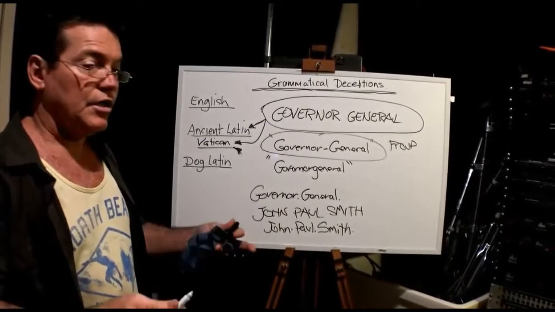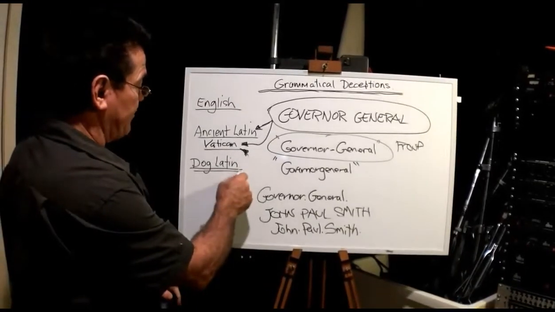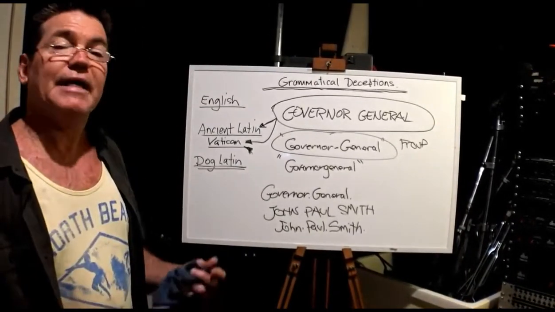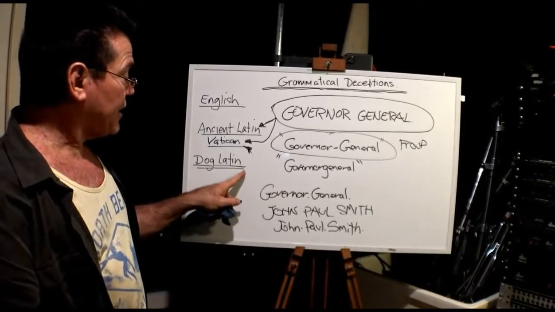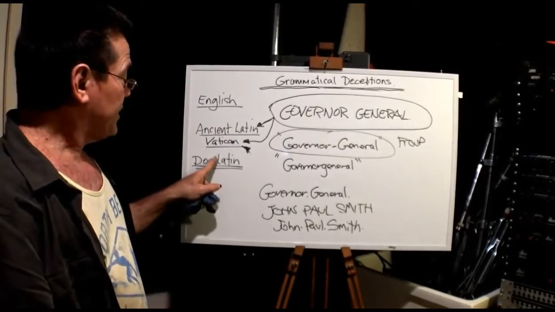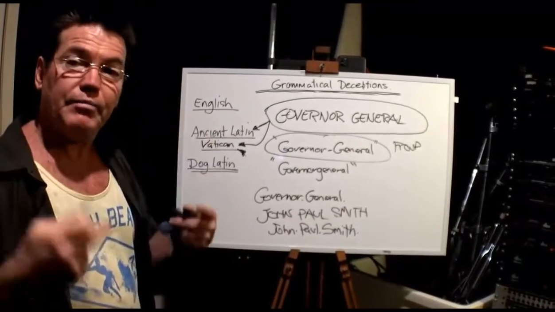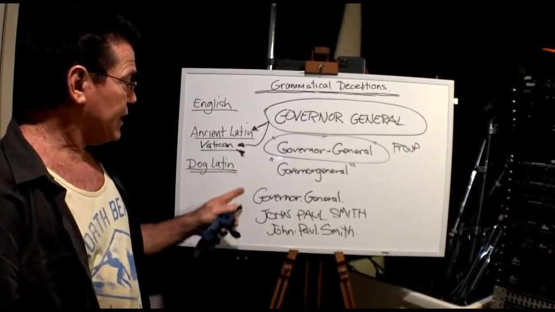It's just an absolute lie, because they are using a Dog Latin text, which is a debased text under Latin, under the legal dictionary, Black's Law Dictionary. Dog Latin is the Latin for the illiterate, for the stupid people that can't read.